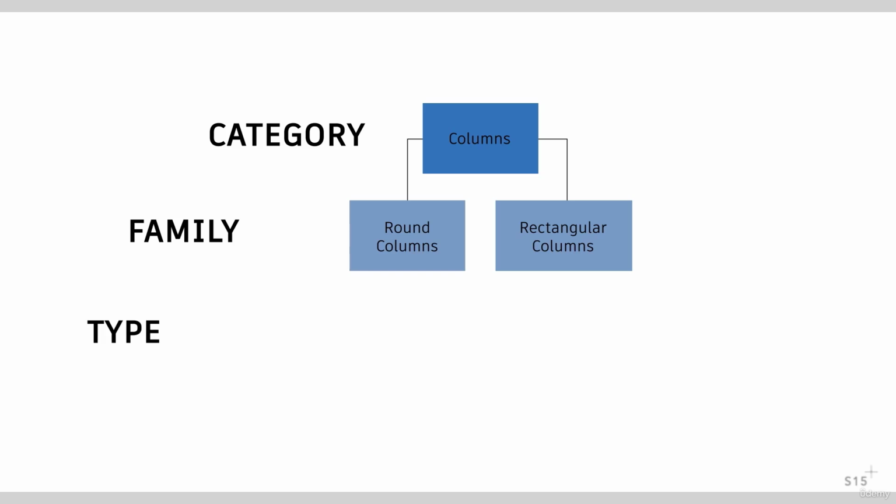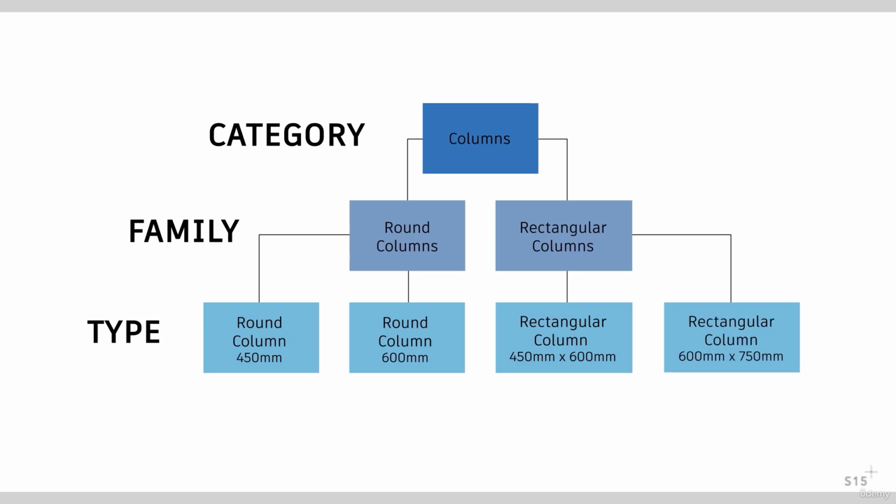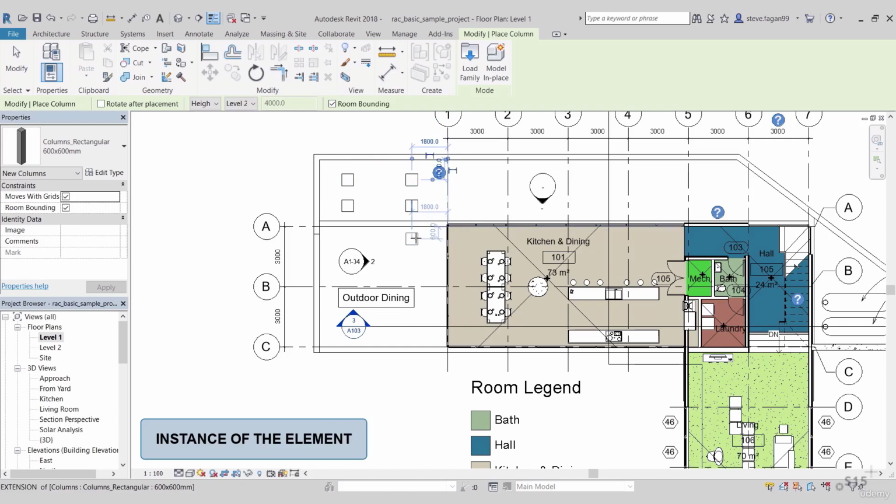A type can be a specific size of that family, such as a 450mm round column or a 600mm round column. These columns will have identical type properties other than the dimensions, and consequently they are grouped into the same family.